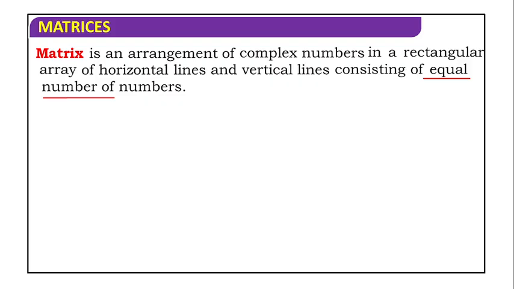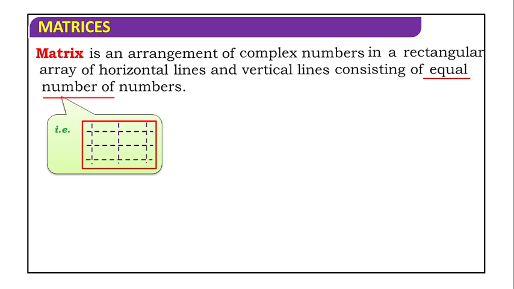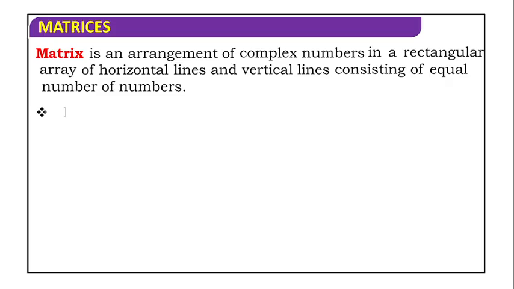In this case, the number of vertical lines and horizontal lines may or may not be equal, because this is a rectangular array of horizontal lines and vertical lines. This arrangement is known as a matrix, or they are called matrices. For example, 1, 2, 3, 4, 5, 6, 7, 8, 9 are arranged in a rectangular shape.